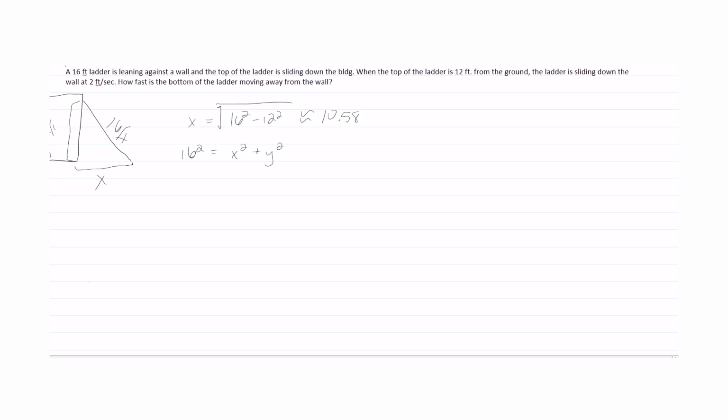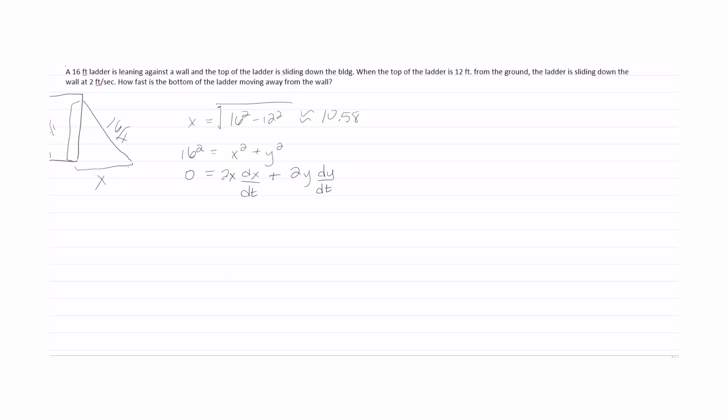So if we take the derivative of both sides with respect to time, 16 squared turns to 0 as it's a constant. And we're going to take the derivative of x with respect to time. So using our general power rule, we know we're going to have 2x dx over dt, the change in x with respect to time, plus 2y dy over dt, the change in y over time.